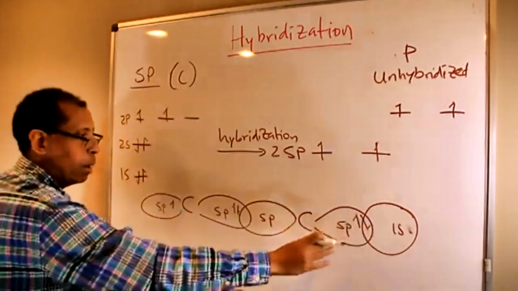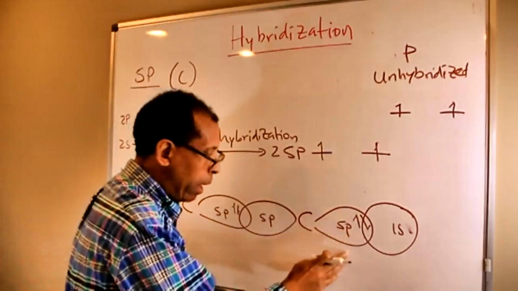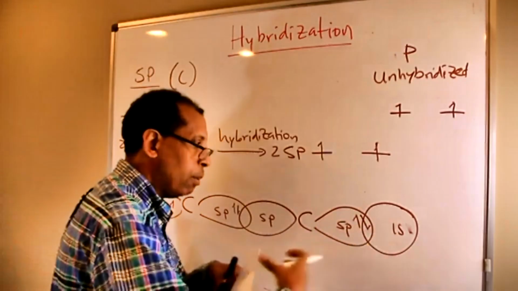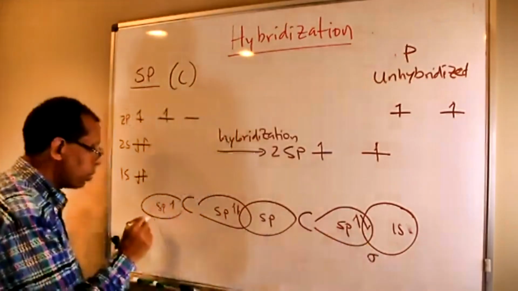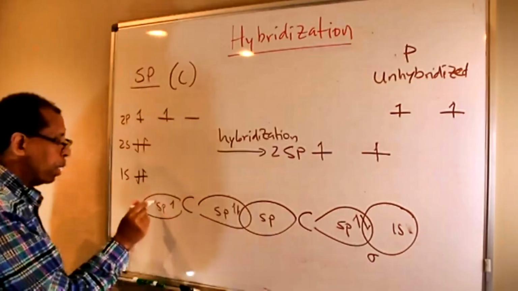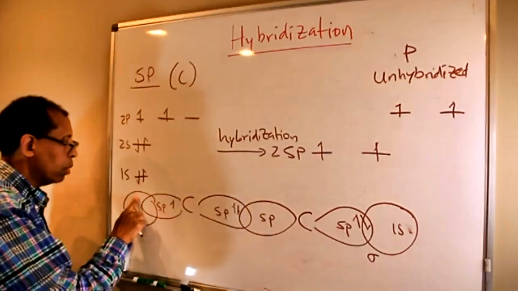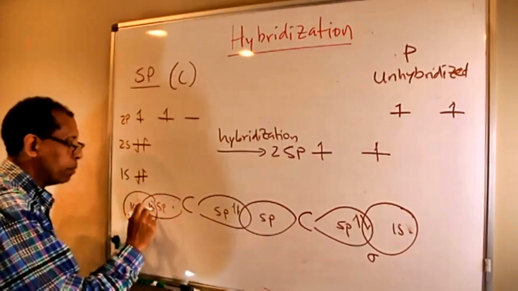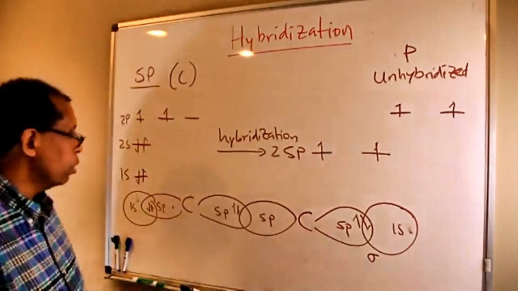That is a sigma bond. Remember, a hybrid orbital overlapping with any orbital always makes a sigma type bond. Here also, we bring in one hydrogen with a 1s orbital and 1 electron that is shared to make a bond. So this is how the sp configuration looks.